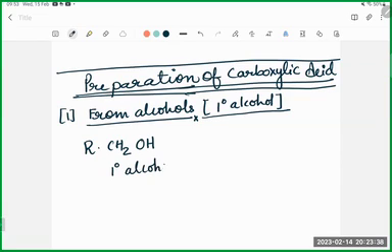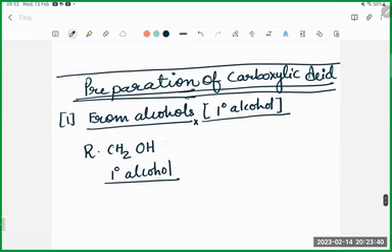1 degree alcohol we have taken, and treated with a strong oxidizing reagent. You can take KMnO4 or K2Cr2O7, any oxidizing reagent you can take and show the reaction. Even it can be done in potassium carbonate also, right? Potassium carbonate, taken in aqueous form, in this also it is possible.